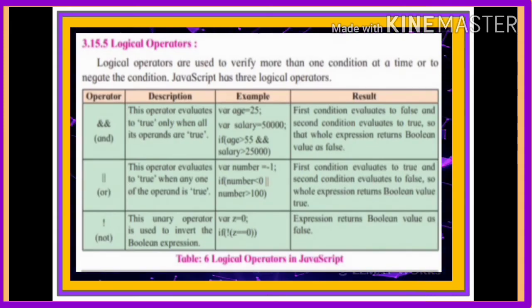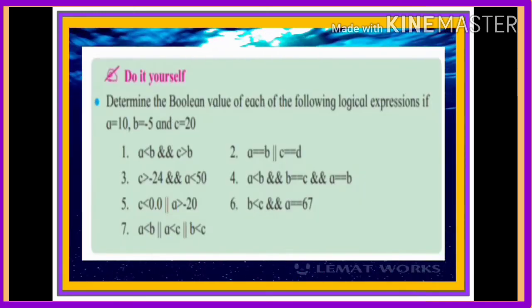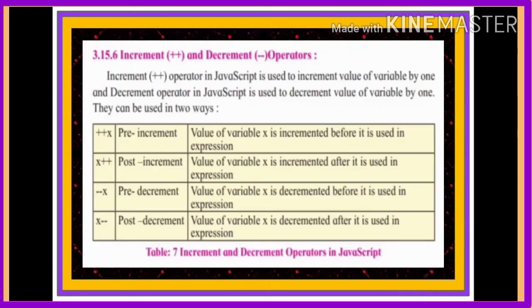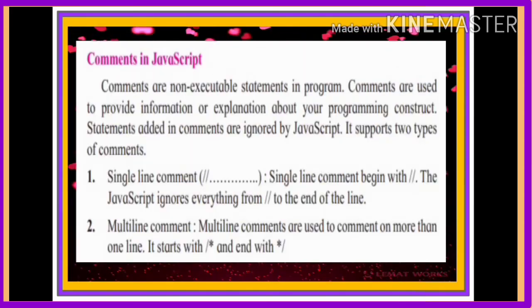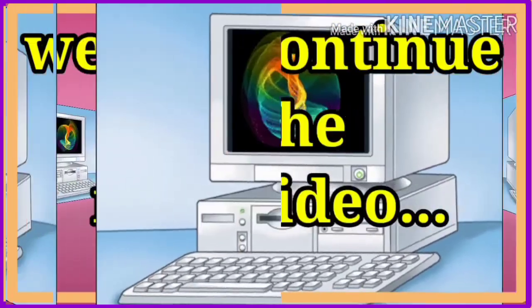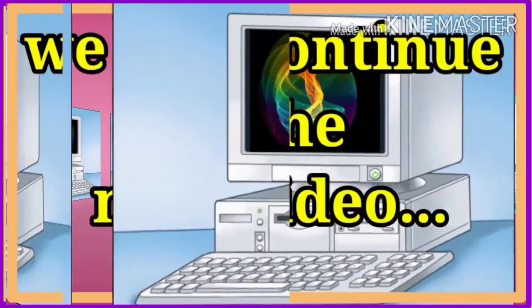There are three logical operators: and, or, and not. Also increment and decrement operator, pre-increment, post-increment, pre-decrement, post-decrement. Also, we will see the comments in JavaScript. We will continue in the next video.